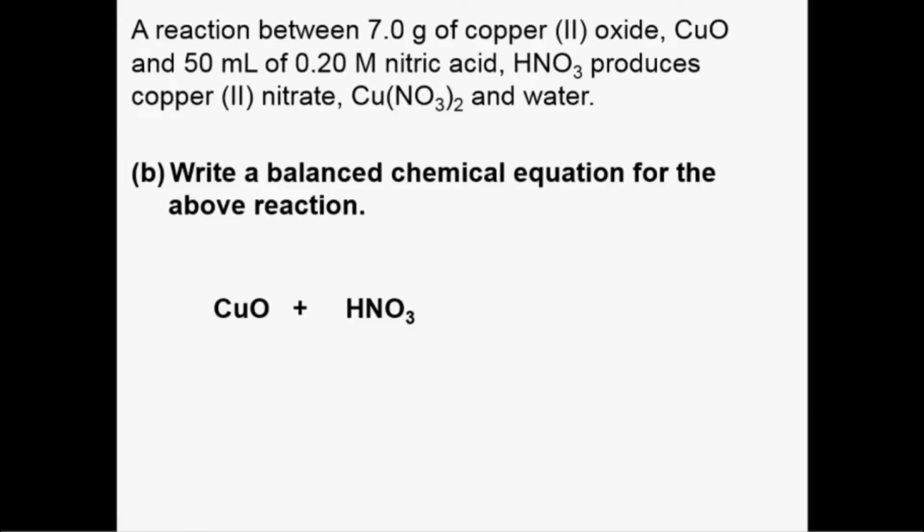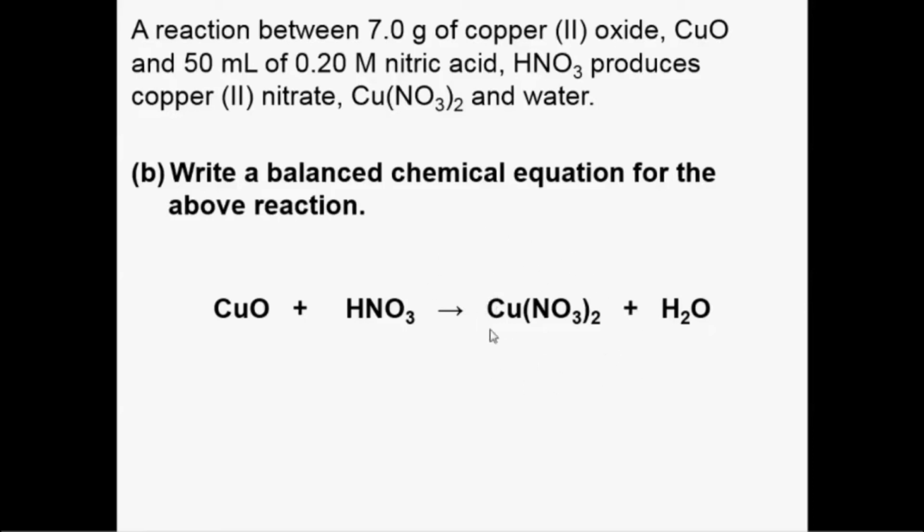Remember guys, balancing the equation is very important, because if you balance it wrong here, you are going to have problems in the next questions, C and D. We have copper 2 oxide and nitric acid. When these 2 react, we get copper 2 nitrate and water, and this equation is not balanced. As usual we start with the most complex substance, which is copper 2 nitrate.